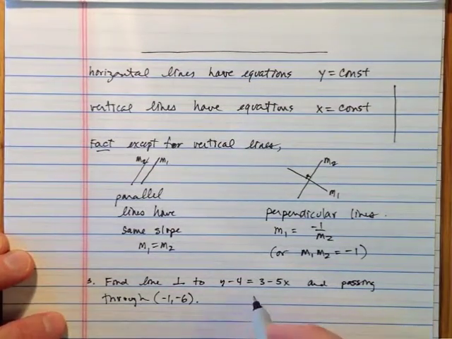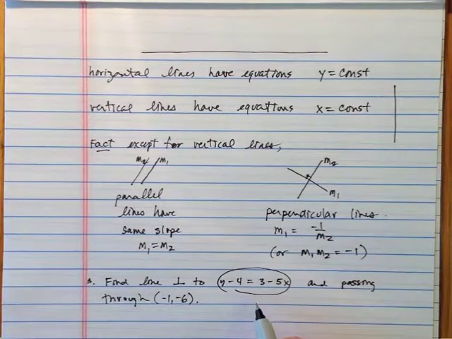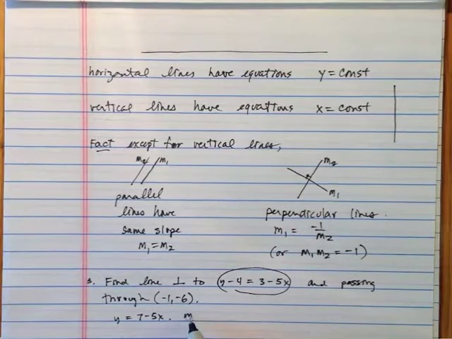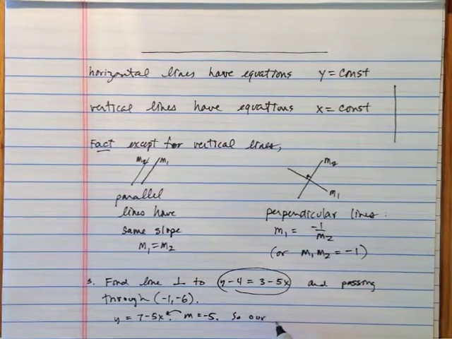Well, let's see. This line, if I put it in slope-intercept form, I can read off its slope. Let's add 4 to both sides: y equals 7 minus 5x. The slope of that line is negative 5. So the slope of our line must be the negative reciprocal of that.